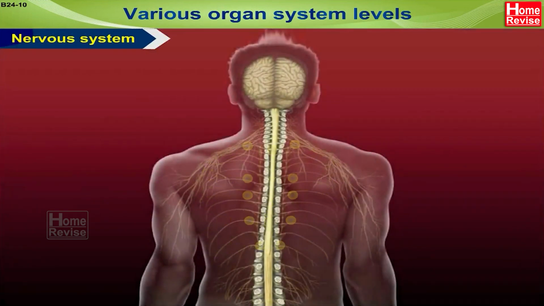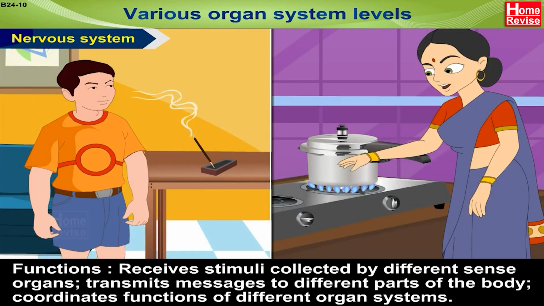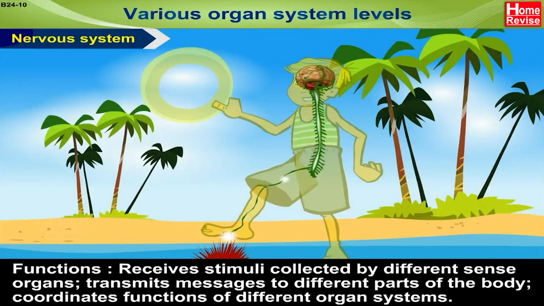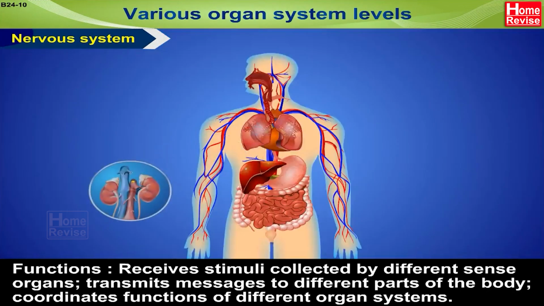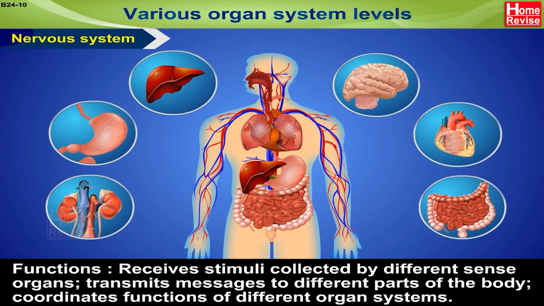The nervous system has brain, spinal cord, and nerves in it. It receives stimuli collected by different sense organs, transmits messages to different parts of the body, and coordinates functions of different organ systems.